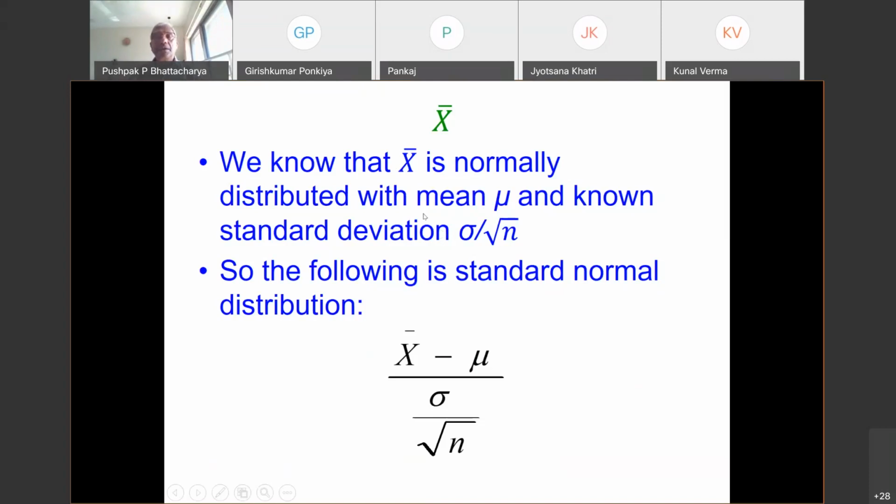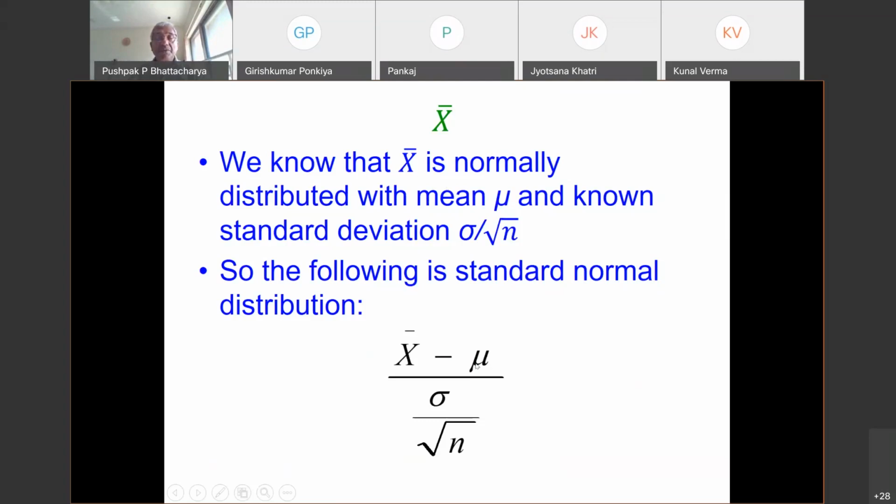We took many lectures to describe the central limit theorem, its application, and its derivation. We will, if necessary, revise those discussions later. So we know this powerful result that the sample mean is distributed with the population mean as the mean and standard deviation sigma by root n.